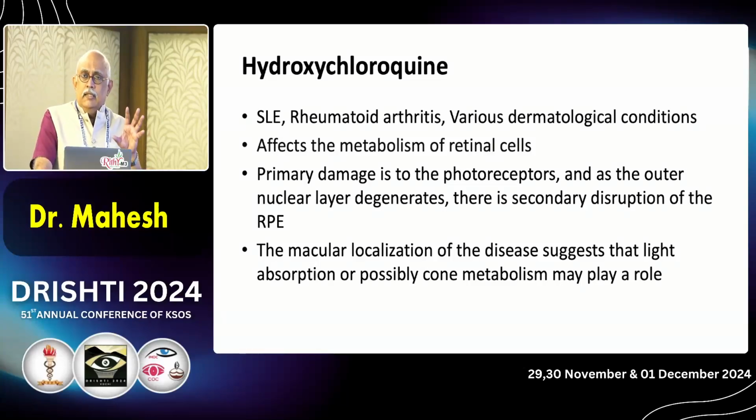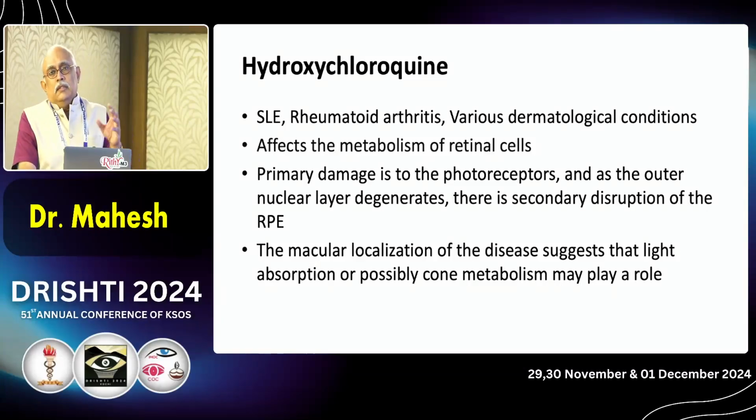It primarily affects the retinal photoreceptors, mainly cones because of the central accumulation of cones. Once the cones degenerate, the outer nuclear layer also degenerates, then the RPE goes. Once the RPE goes, there is no recovery. So this is the pathology of how HCQ affects the retina.